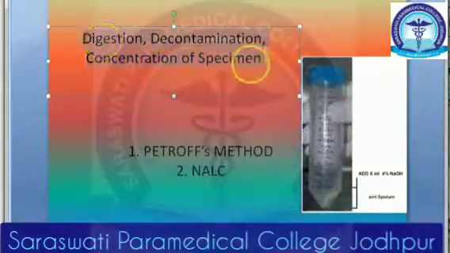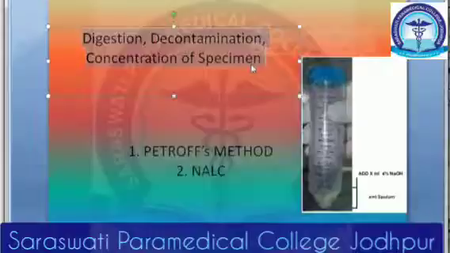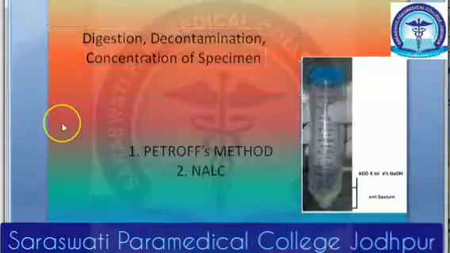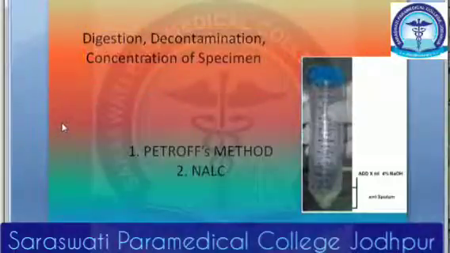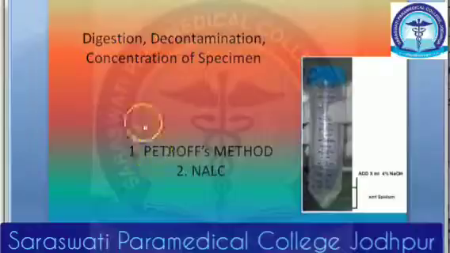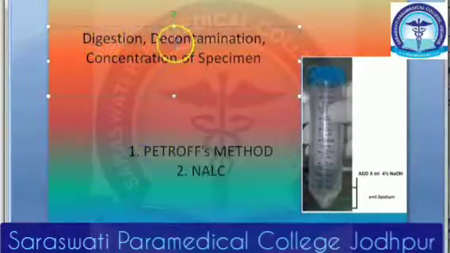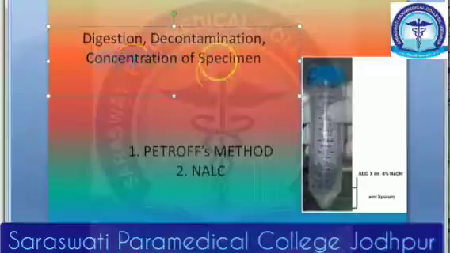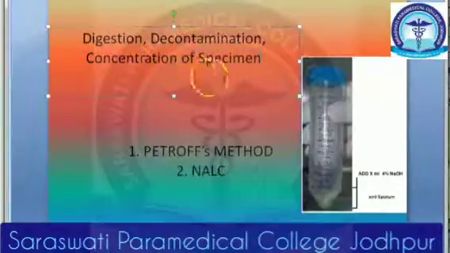Let us look at the step. We have seen tuberculosis lab diagnosis, right? In that, after collection of specimen, that is the sputum, this procedure has to be done: digestion, decontamination, concentration of specimen.